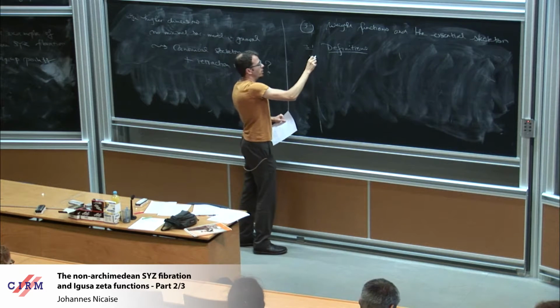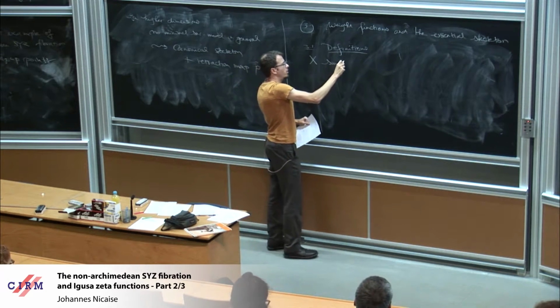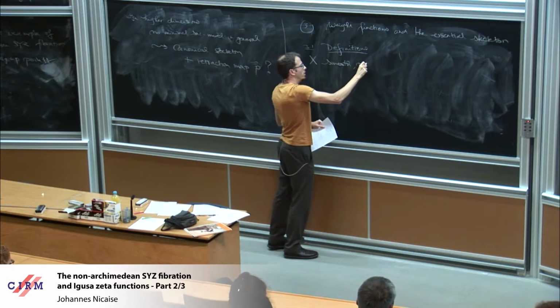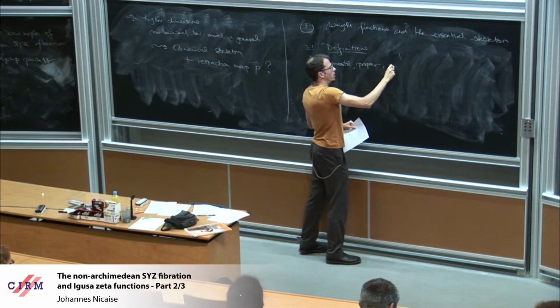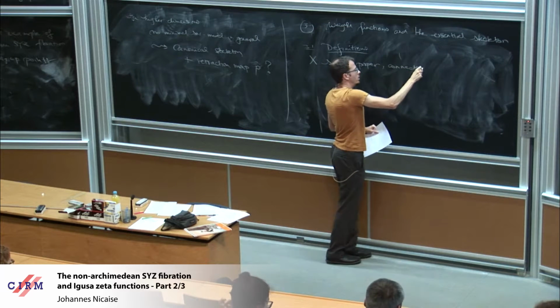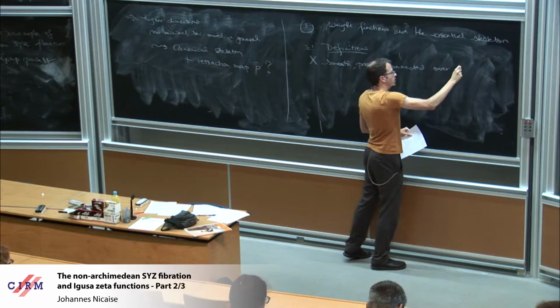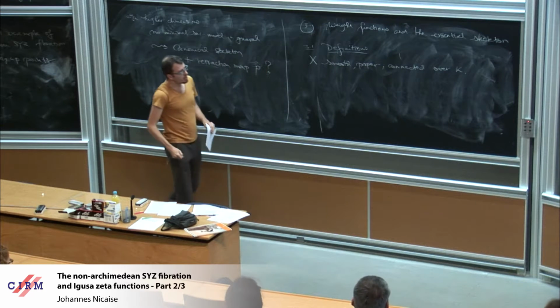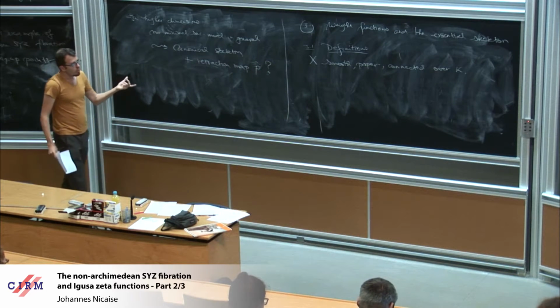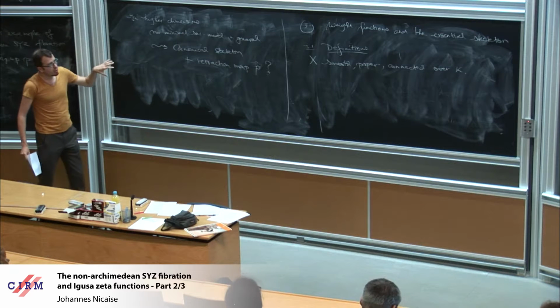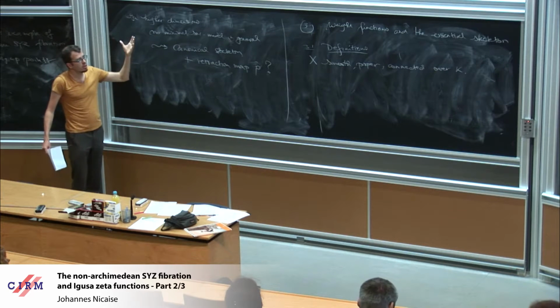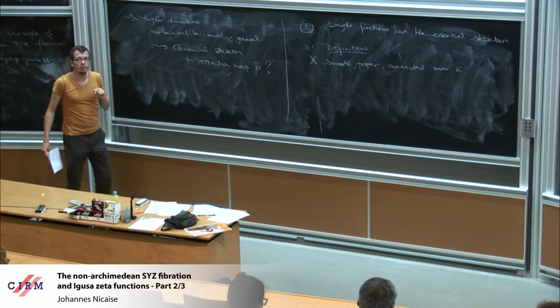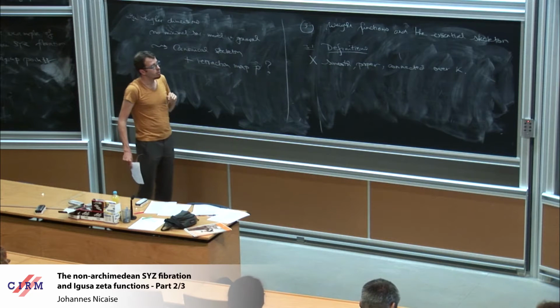So I still assume that X is smooth and proper and connected over K. So the idea is that in the first instance, we're not going to try to construct some kind of canonical SNC model, which is not going to exist anyway.